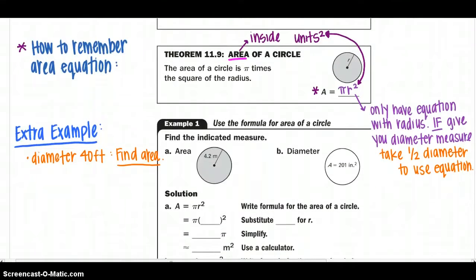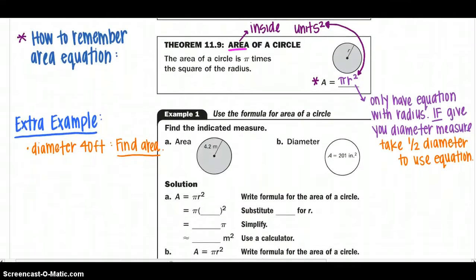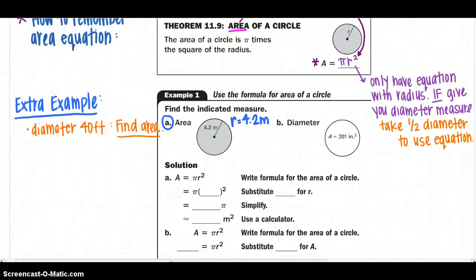So going down to use this equation, we are asked to find the area of our circle in A. And we have our radius as 4.2. And remember, our radius is half the distance across the circle, starting from the center point. So let's just plug it into our equation. Remember, the area of a circle equation is pi r squared.